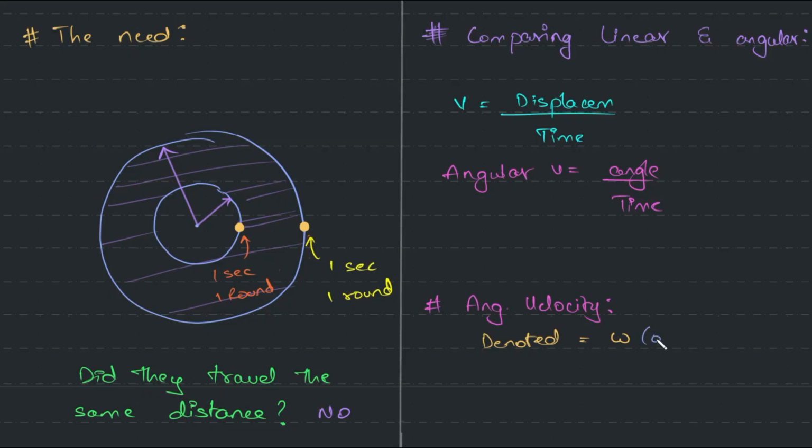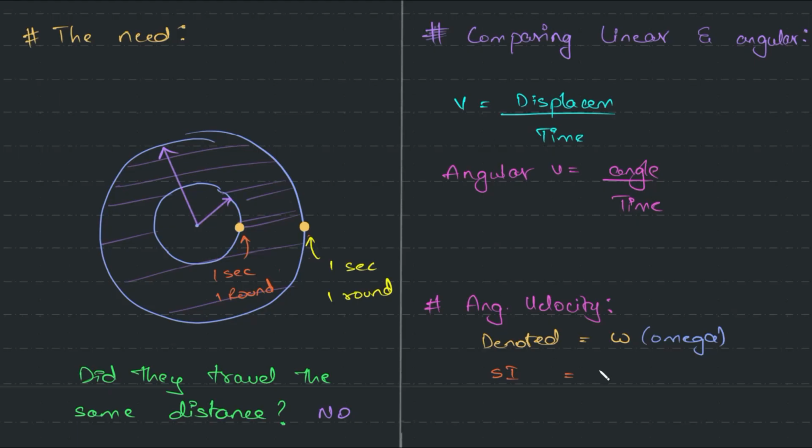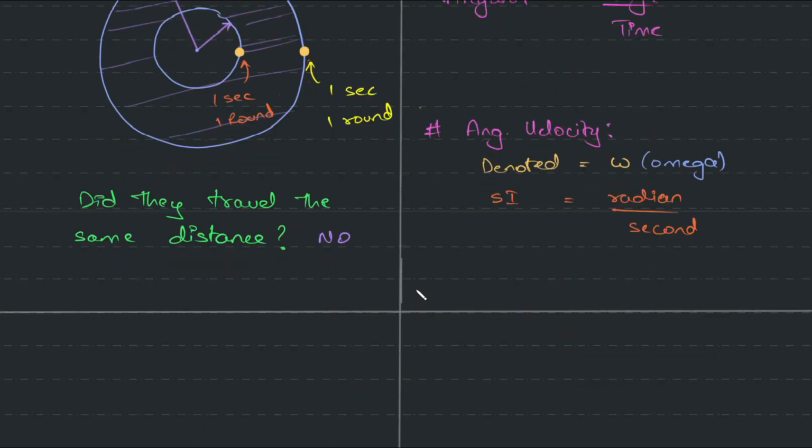Then we have the SI unit. We have unit and dimensional formula. So what would be the SI unit? It would be radian per second.